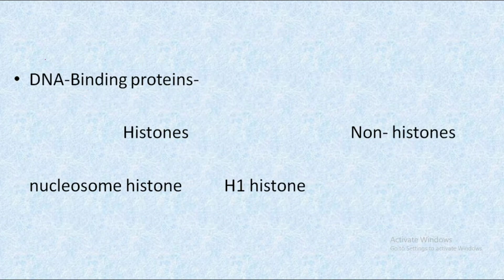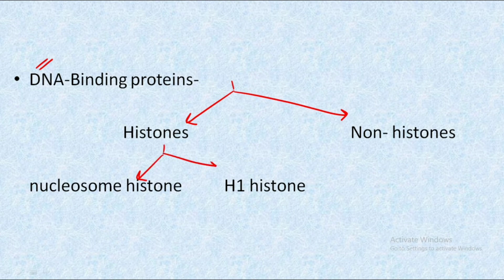DNA binding proteins are categorized into two main types: on one side we have the histones, and on the other side the non-histones. Histones are further classified into the nucleosome histones and the H1 histones.